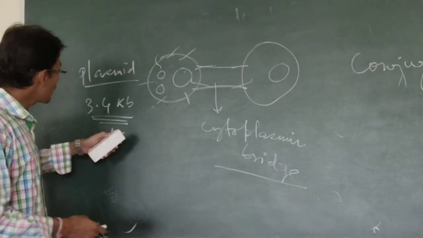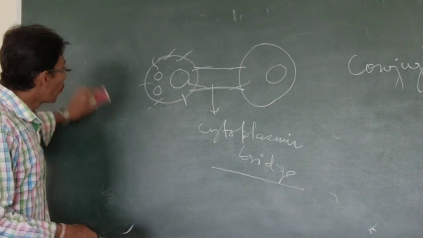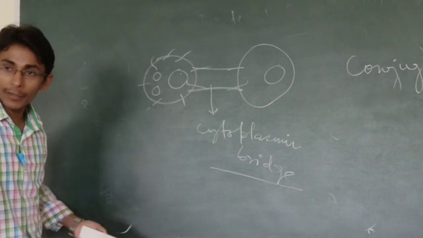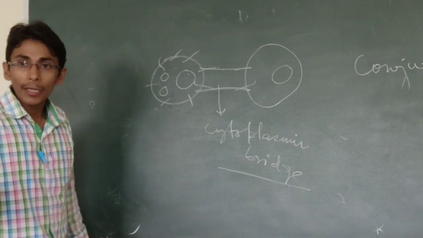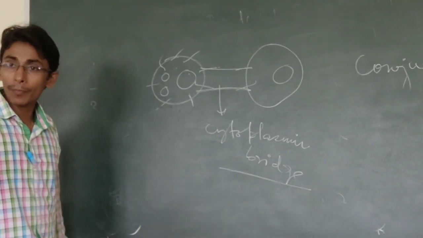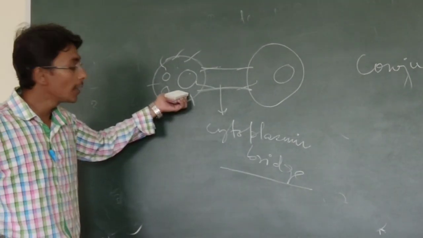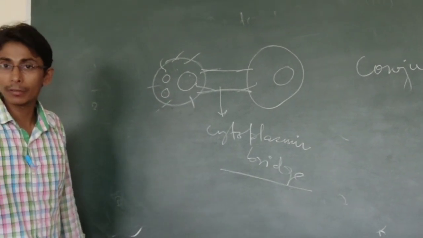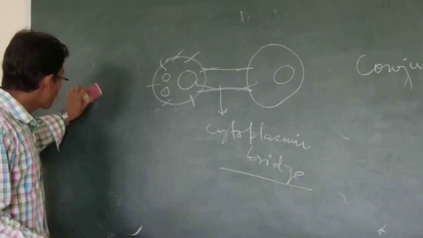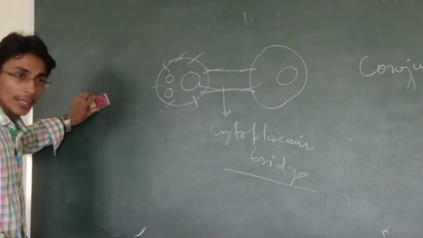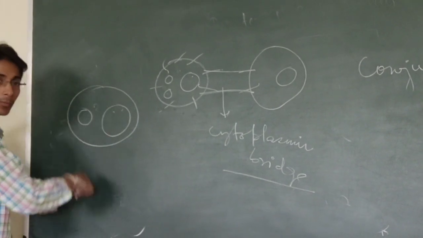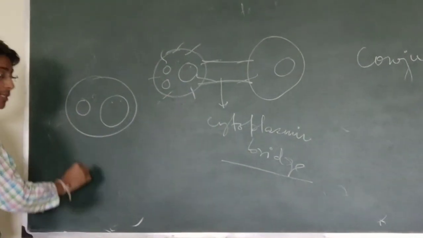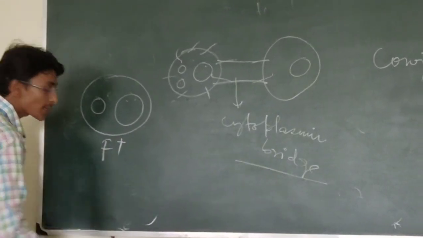One to two plasmids present in a bacterium is called a low copy number of plasmid. More than 5 to 10 plasmids contained in a particular cell is called a high copy number of plasmid. If any bacterial cell possesses a plasmid along with the bacterial genome, it is called an F plus cell.